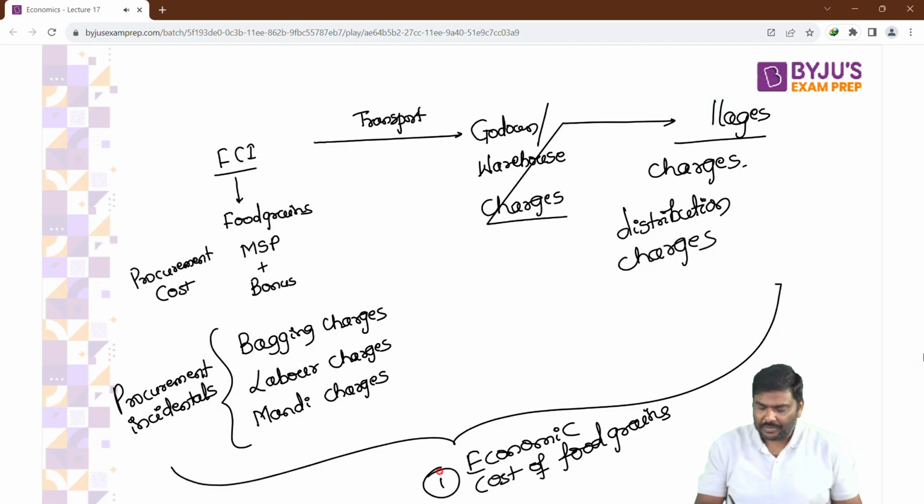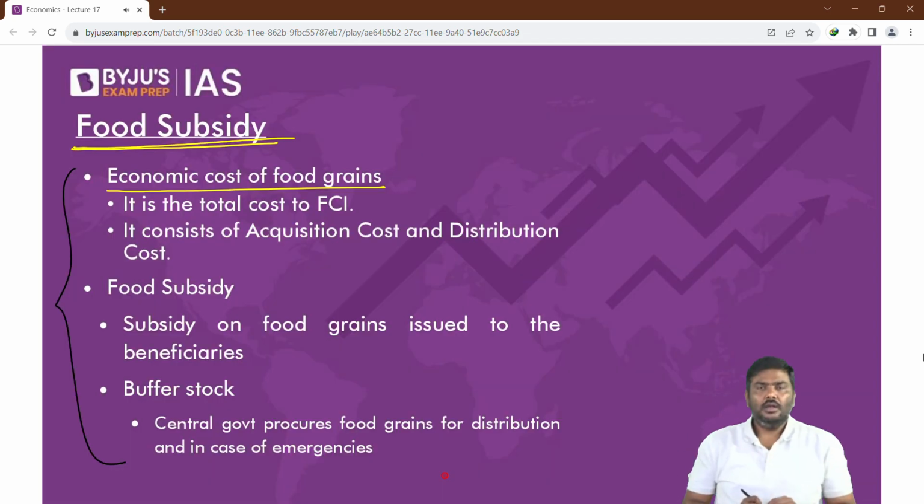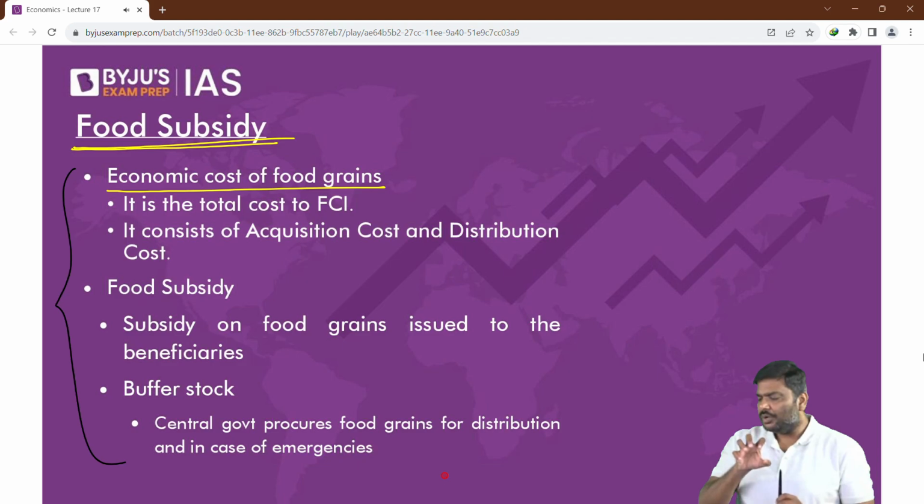Cost of food grains, this is called the economic cost of food grains.